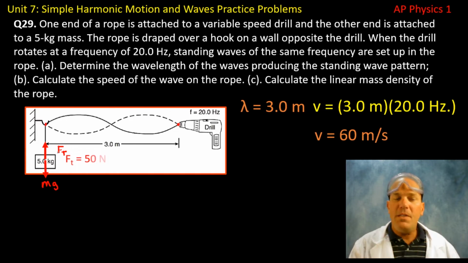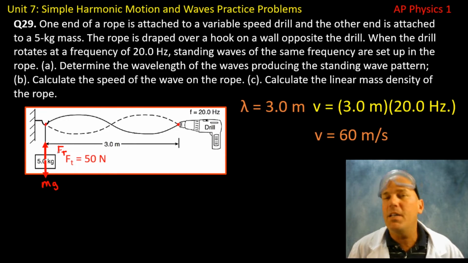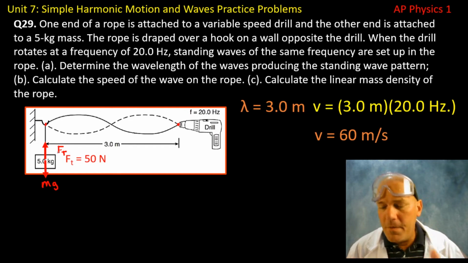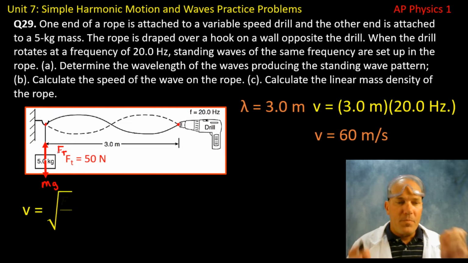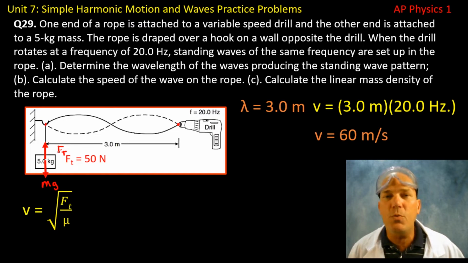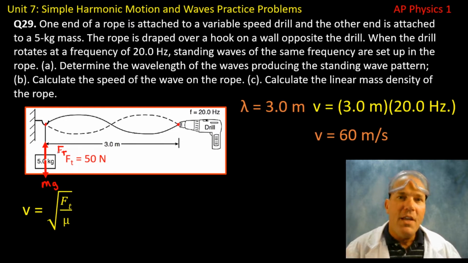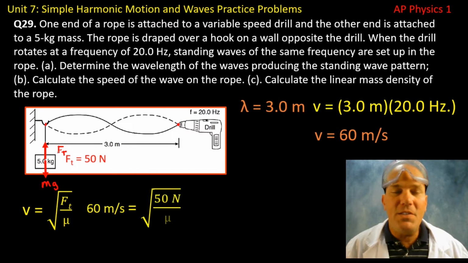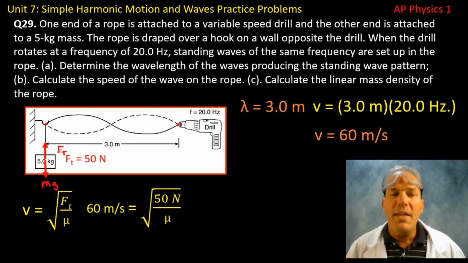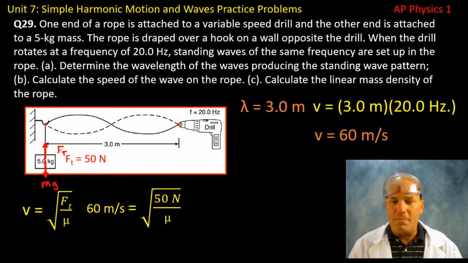So we've looked at that, and we can now say force of tension is equal to 5 kilograms multiplied by the acceleration due to gravity, or 50 newtons. So we're going to use our equation that the velocity is equal to the square root of the force of tension divided by mu. That will allow us to easily calculate what mu is in this problem.